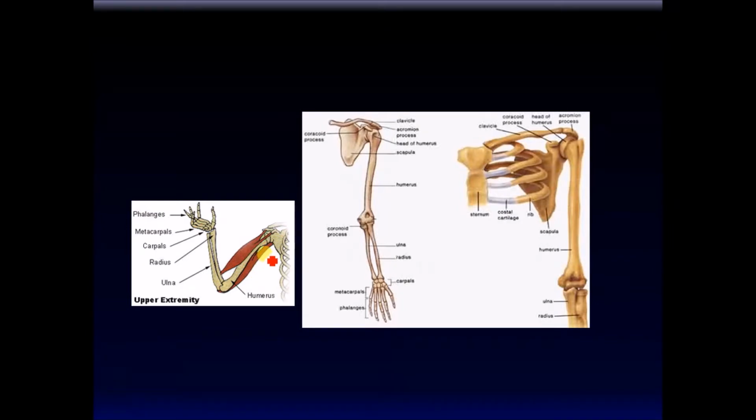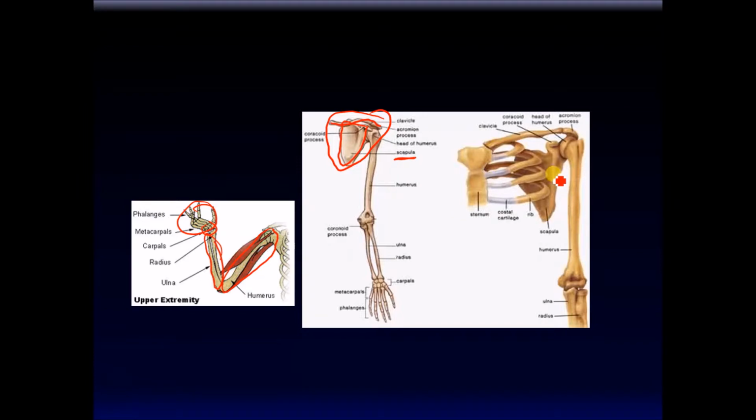If you recall, in the upper extremity, this is the arm, this is the forearm, that's the wrist, and that's the hand. The entire upper extremity is attached to the axial skeleton by the use of these two bones. This is the clavicle, and this triangular shaped bone is called the scapula.